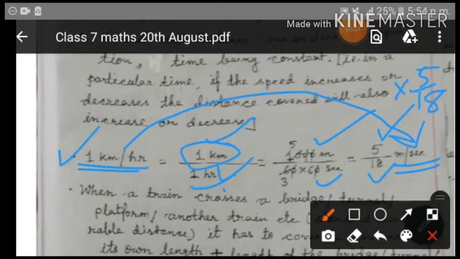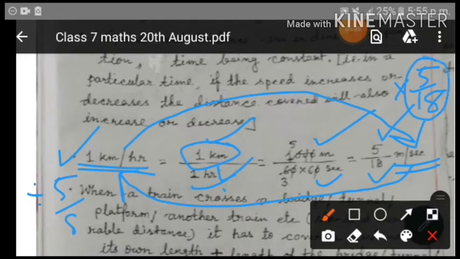And whenever you need to convert from meter per second to kilometer per hour, you divide by 5/18. So moving from left to right you multiply with 5/18, and right to left you divide by 5/18. That is why this relationship between kilometer per hour and meter per second is important.